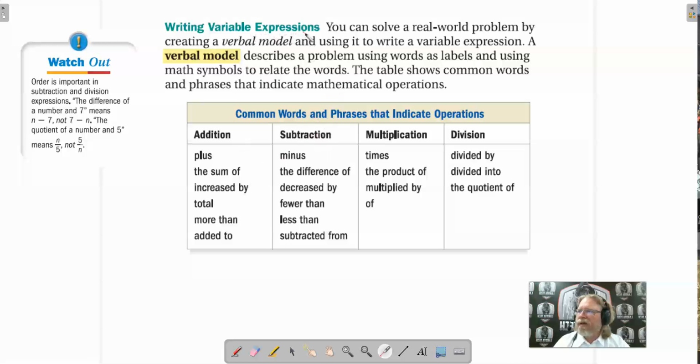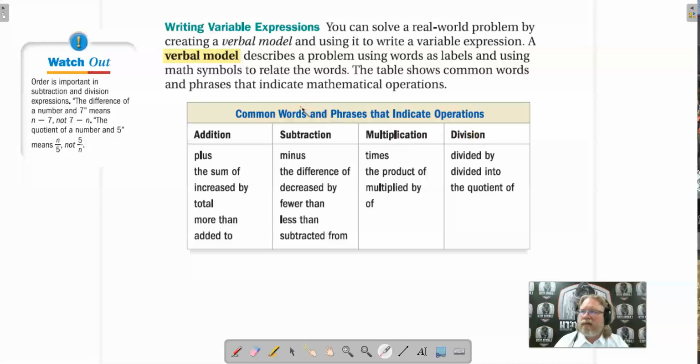So, writing variable expressions: you can solve a real-world problem by creating a verbal model and using it to write a variable expression. A verbal model describes a problem using words as labels and using math symbols to relate the words. The table shows common words and phrases that indicate mathematical operations. Remember, we have 4 operations: addition, subtraction, multiplication, and division.